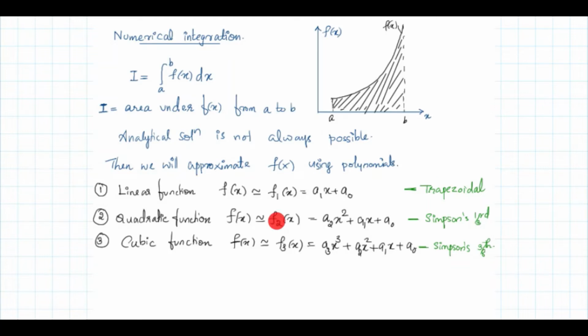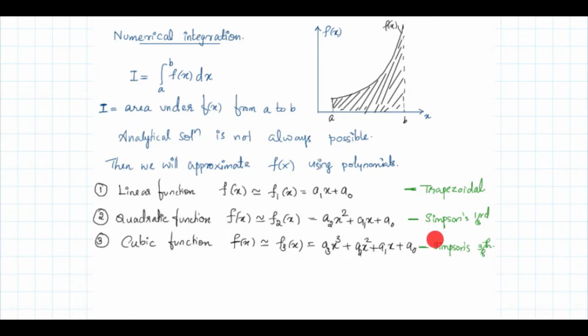If you choose a second degree polynomial to approximate the original function, like a2x square plus a1x plus a0, then that method is known as Simpson's 1/3 method. If you choose a third degree polynomial like a3x cube plus a2x square plus a1x plus a0, then that method is known as Simpson's 3/8 method.